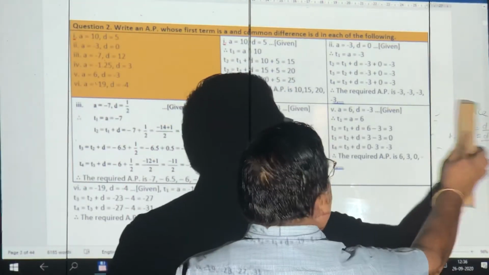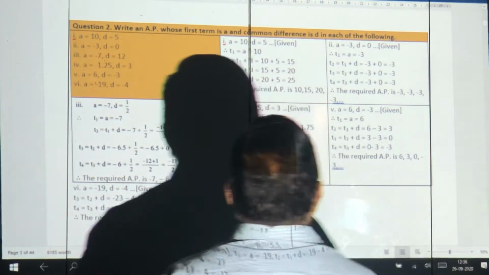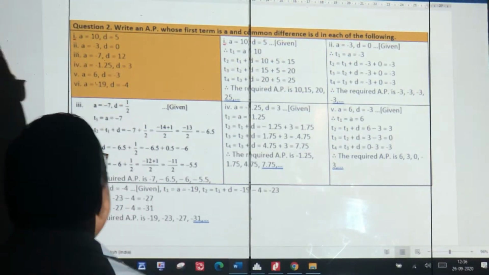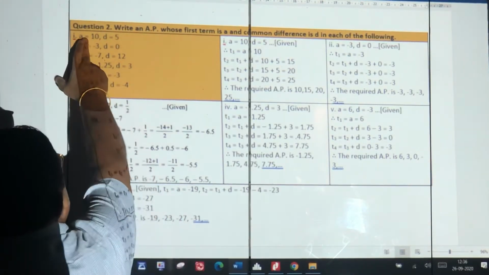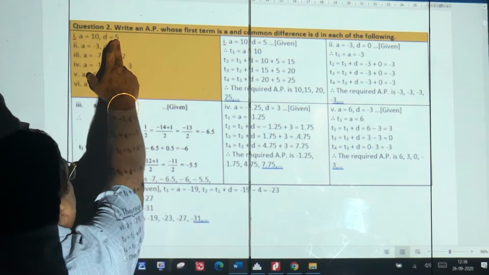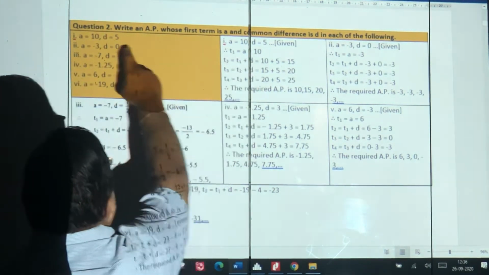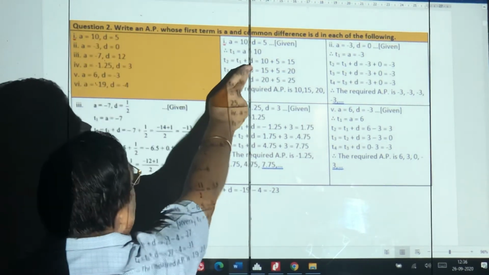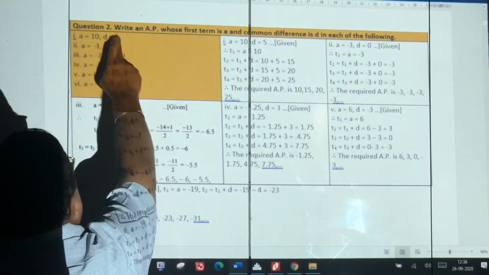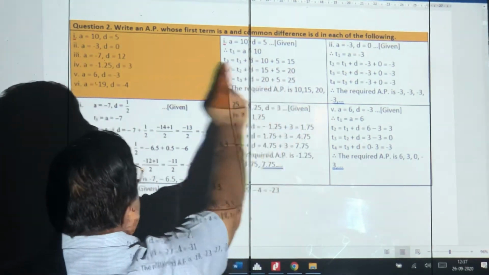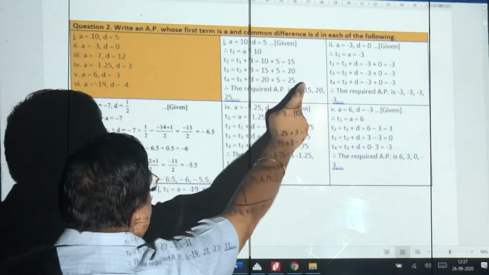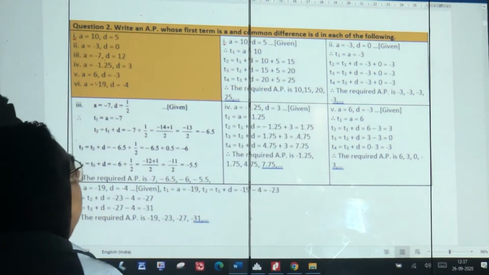Okay? So let us look at sum number 2. What is the new technique we require? I told you sums are repetitive, they are the same. Now, the first term and difference are given. We have to write the terms. So, no problems. First term is 10. Second, you add the difference 5, it becomes 15. To 15 you add the difference 5, it becomes 20. To 20 you add the difference 5, it becomes 25.